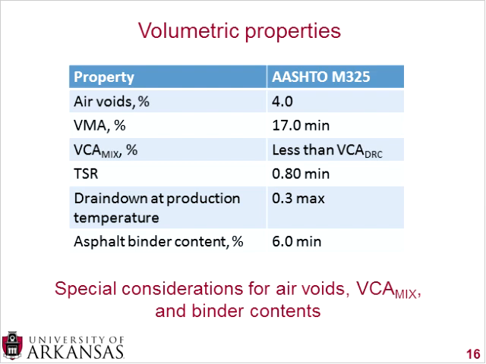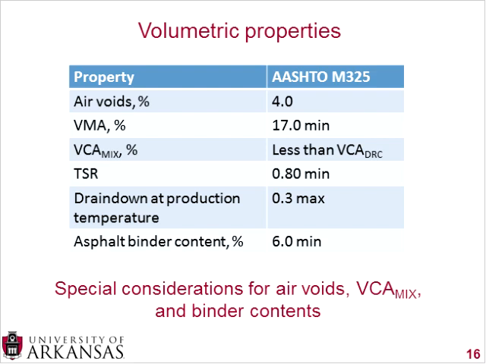You have what's called a VCA, which I'll go over in upcoming slides, and the VCA needs to be less than the VCA DRC. You have your VCA mix and your VCA DRC. I'll go over those two terms in upcoming slides so we can understand the VCA. The TSR, the tensile strength ratio, needs to be at least 0.8.